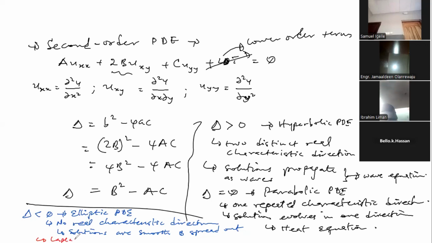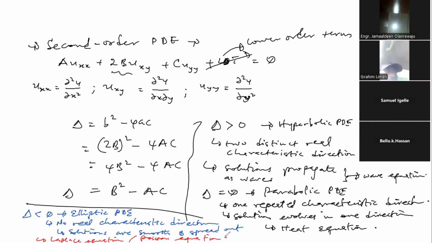The Laplace equation and also the Poisson equation. Now we know the Laplace equation is the Laplacian of the function equated to 0. But when the Laplacian is equated to some function, then we say it is Poisson, right?